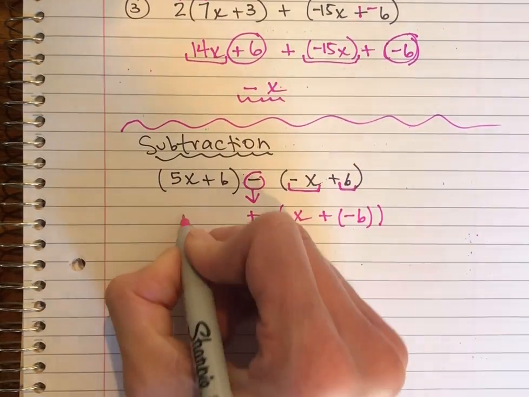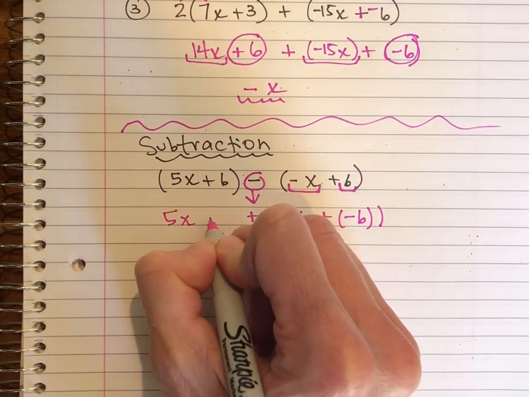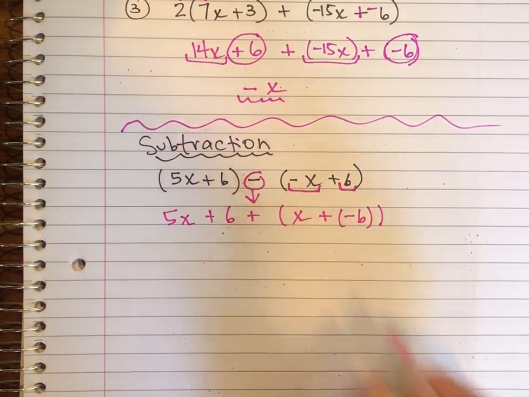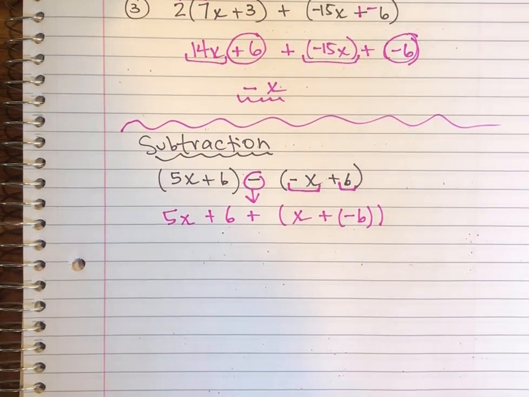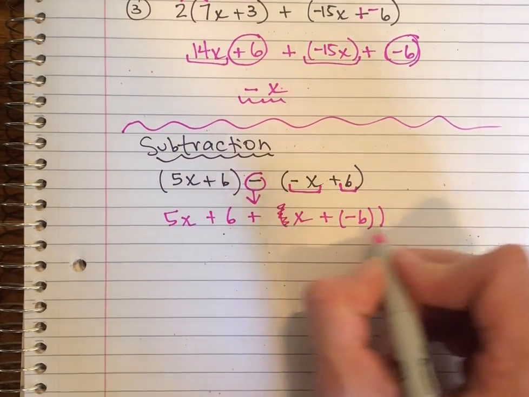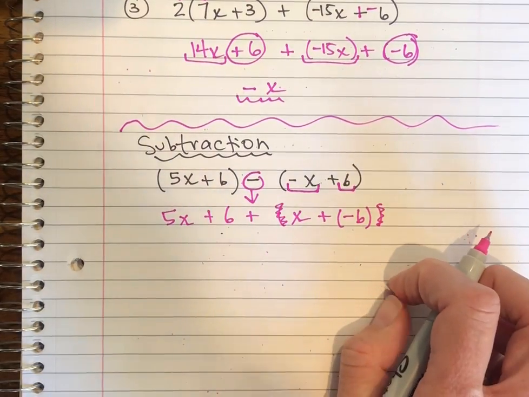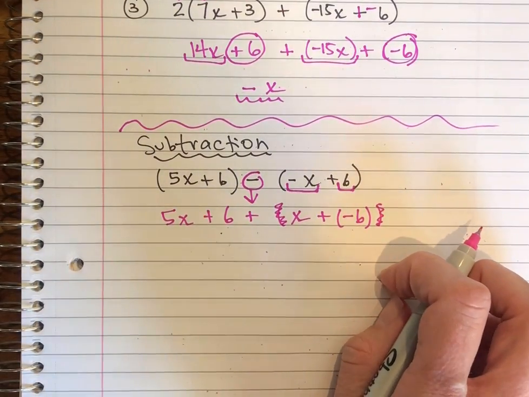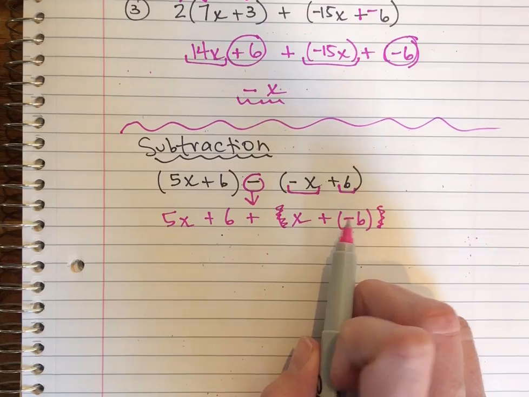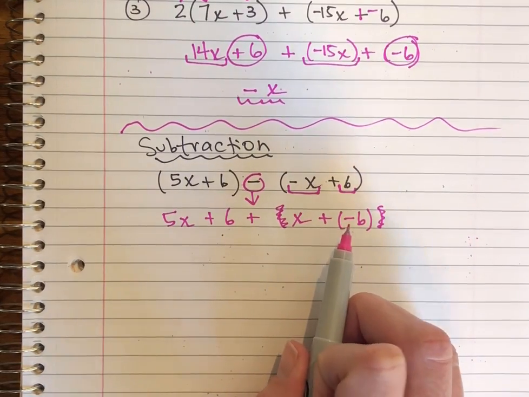Okay? Then I can drop down the 5x and the plus and the 6. And then it looks just like it did. I really don't need these parentheses here either. Then it looks just like it did with addition. Okay? So if that is confusing to you, it's going to take a little bit of practice.